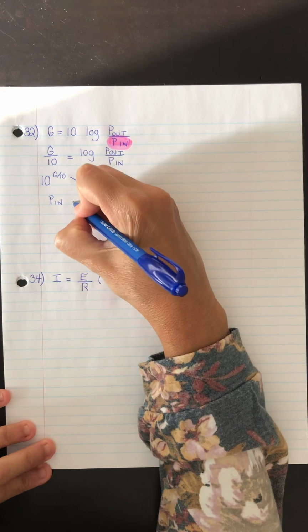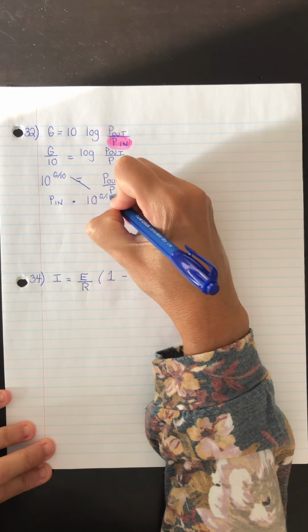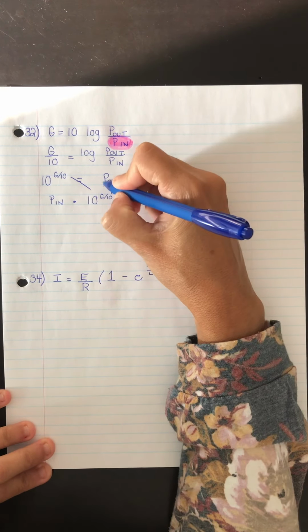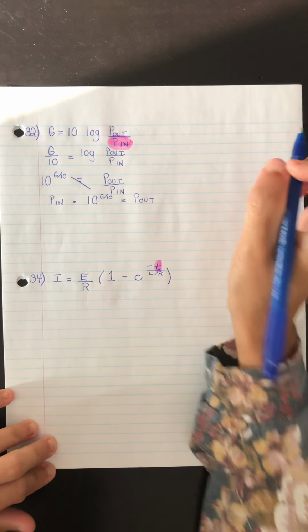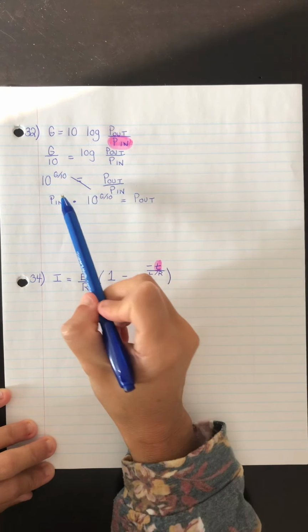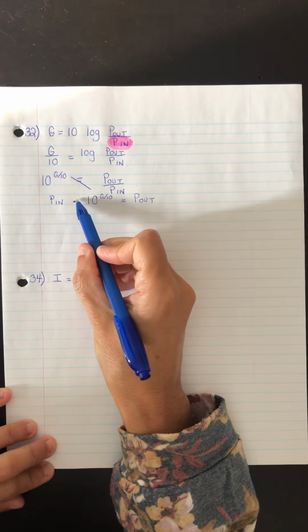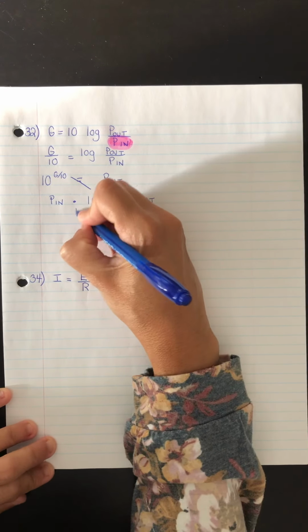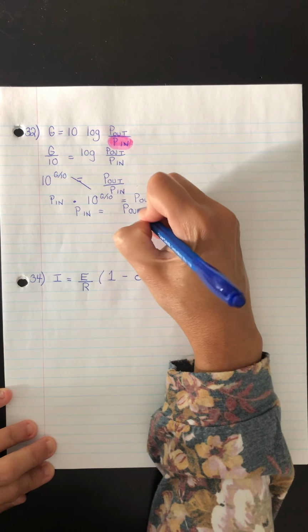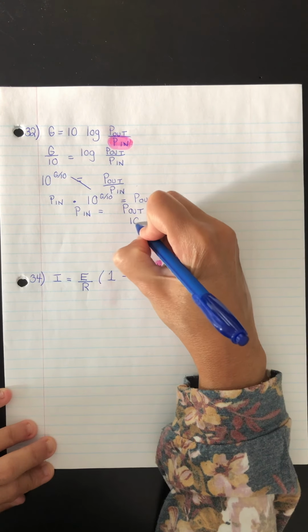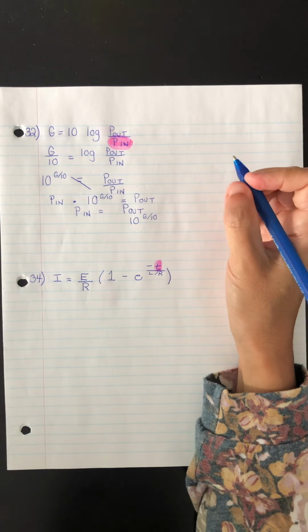So power in multiplied by 10 to the g over 10 is equal to, the only thing left on the right side now will be power out. So finally, in isolating power in, we change from multiplication to division on the right side. So power in is equal to power out divided by 10 to the g over 10. Just like that.